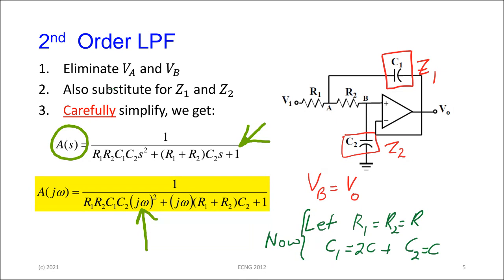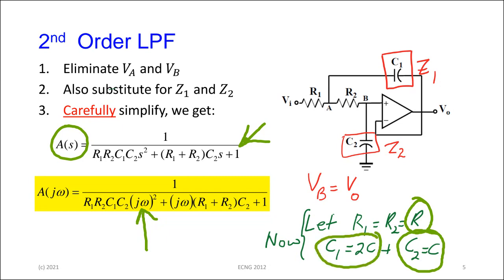And the other thing to help with this simplification for this approach, as I said, there are a number of other approaches to take, and we will see another approach tomorrow that is easier but has its own drawbacks. You're going to let the two resistors 1 and 2 be equal to some common value R. You're going to let C2 equal to some value C, and C1 is twice that value, okay?